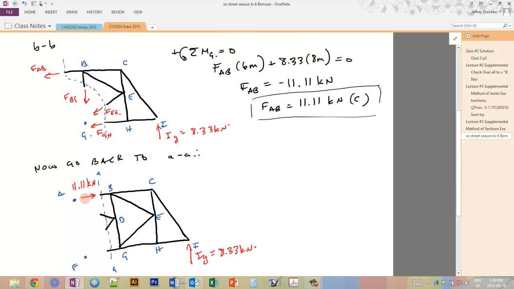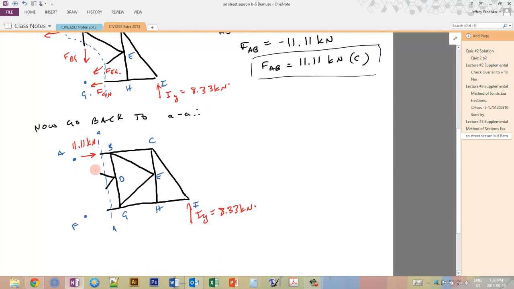So we know that that's in compression, so it points at the member. It wants to squish this little member here. And then I'm going to draw unknown forces for the rest. I'm going to just assume that they're in tension for now. So this is FAD. This one here is FDF. And this one here is FFG.